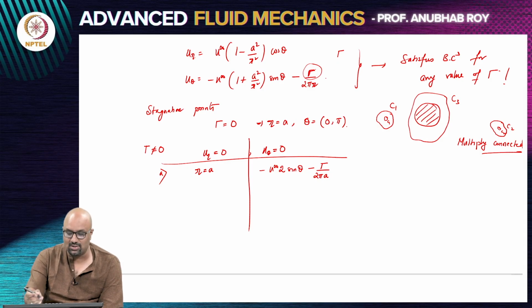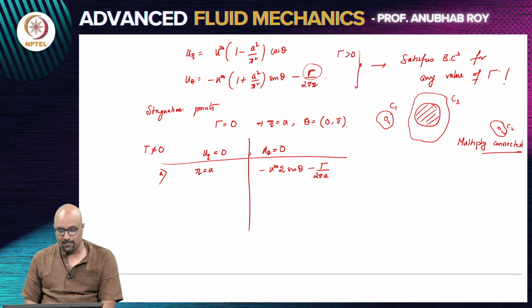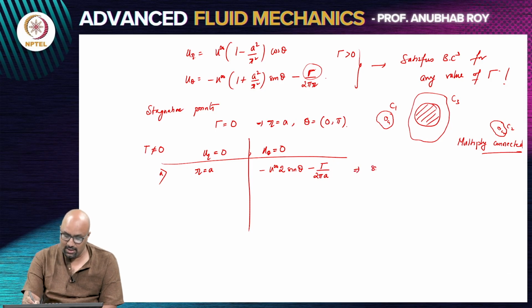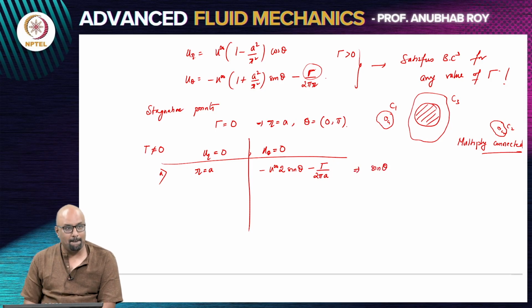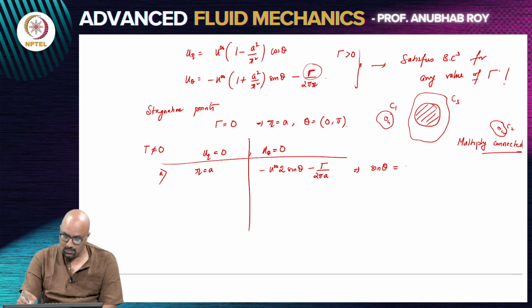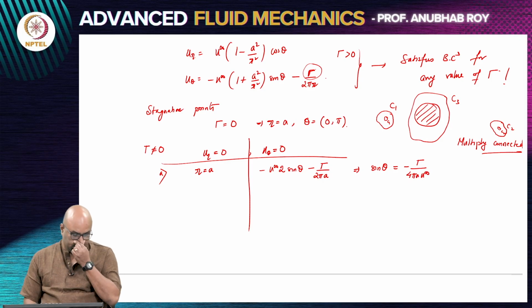So, if I just fix that strength to be gamma to be here, the magnitude to be positive, then I have a relation here which tells me that sin theta is equal to minus gamma by 4 pi A U infinity, right.